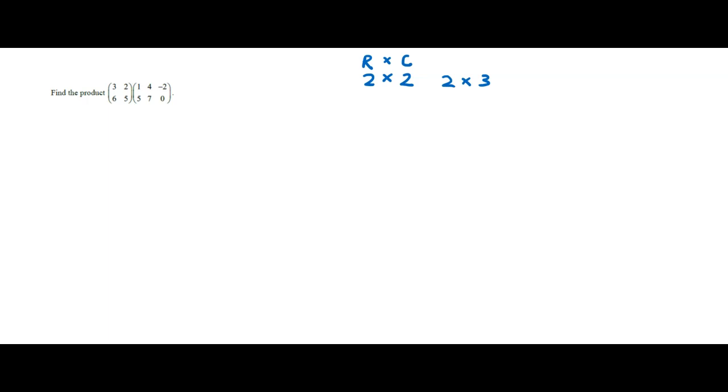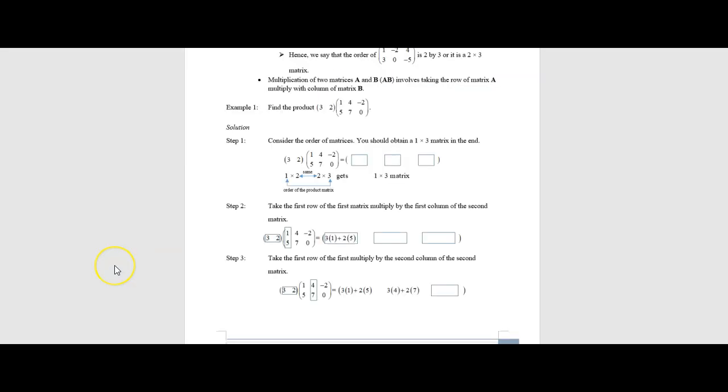In multiplication we say that if the columns of the first matrix match the rows of the second matrix, then the multiplication can be performed. An illustration would be this: I have 2 columns of the first matrix multiplied to 2 rows of the second matrix.